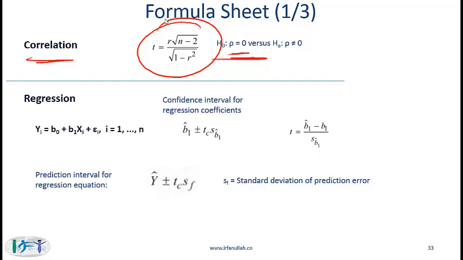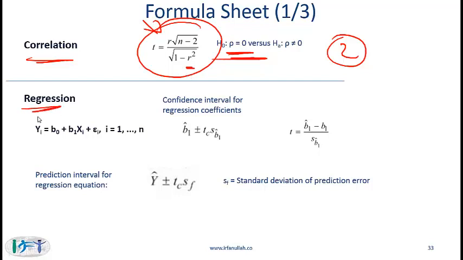If you come up with a correlation based on a sample, and this statistic is greater than 2, that means that you can reject the null hypothesis that the population correlation is 0. So the key to remember is r times the square root of n minus 2, where n is the number of observations and r is the correlation from the sample.